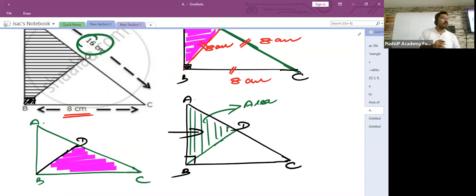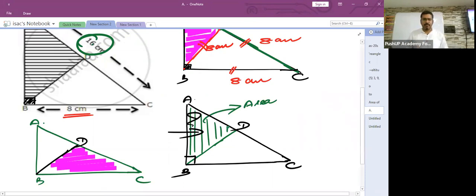Okay. Children, what was the big triangle here? Triangle ABC. Which portion you have to find? Triangle ABD, isn't it? This is what you have to find. Area of triangle ABD. How is that possible?